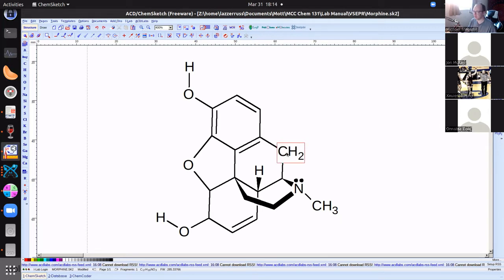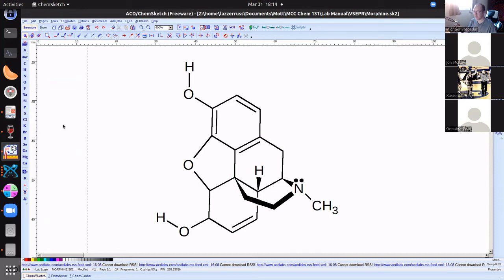Each carbon is going to have as many hydrogens as necessary to fill out its valence shell, to make sure that it's forming 4 bonds. So in this bridge, this guy here is a carbon with 2 hydrogens attached to it, and this guy here is a carbon with 2 hydrogens attached to it. So each one's forming these 4 bonds.